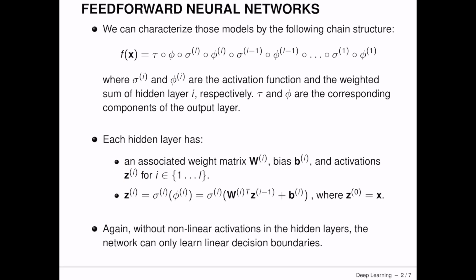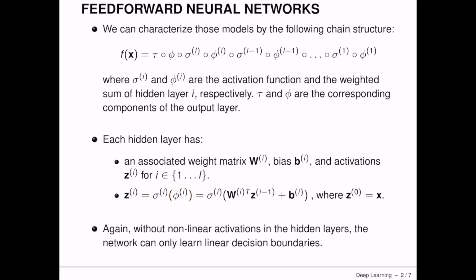Of course, if we have L layers, then i can be the numbers from 1 to L. Now the activation of the i-th hidden layer is given by applying the activation function of the i-th layer to the weighted sum.